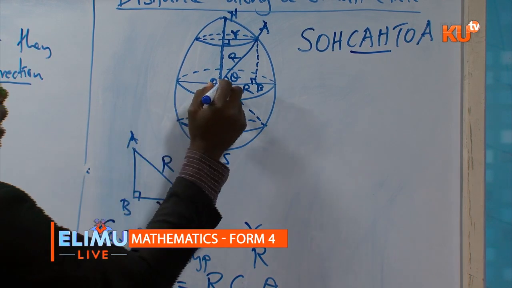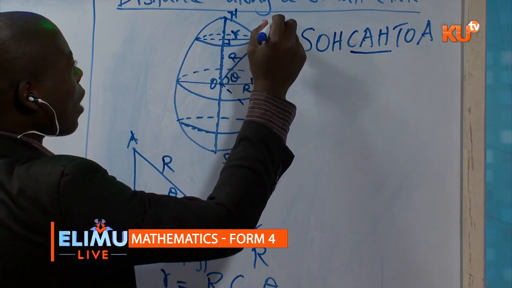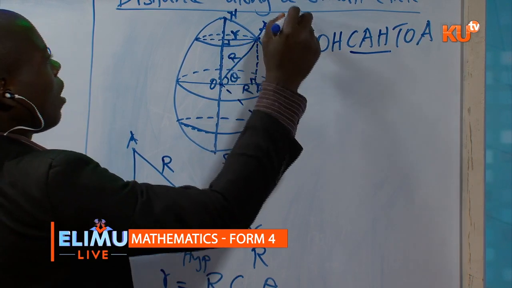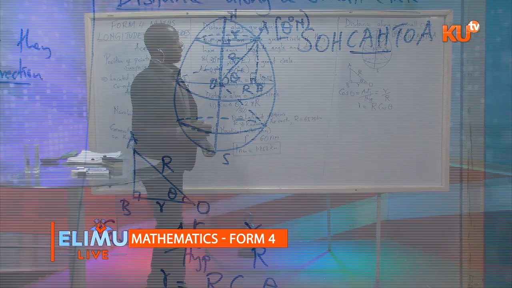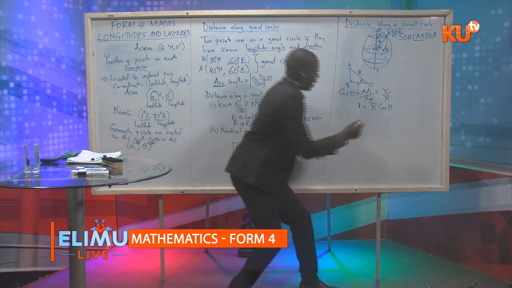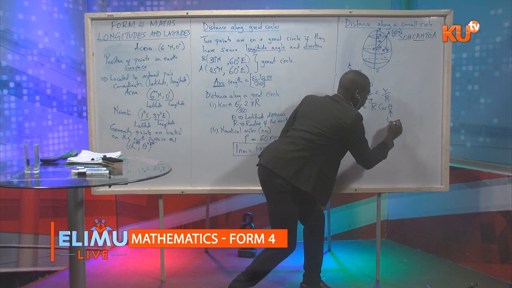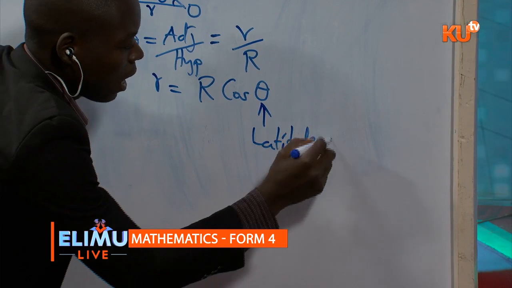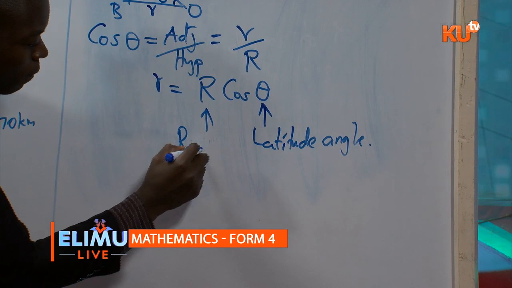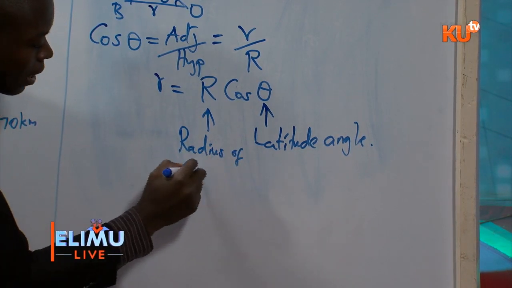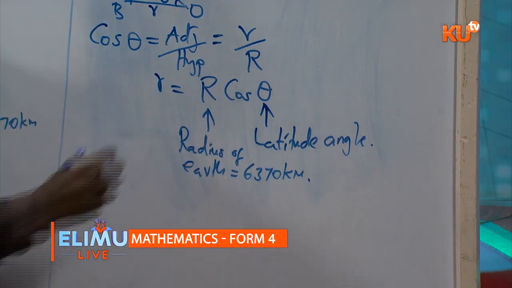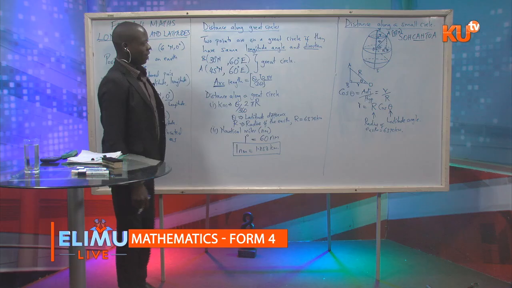So theta here defines A, meaning we can say A is on theta degrees north. That is the description of the point A. And therefore, this theta is the latitude angle. And this R is the radius of the Earth. The radius of the Earth is 6370 kilometers.